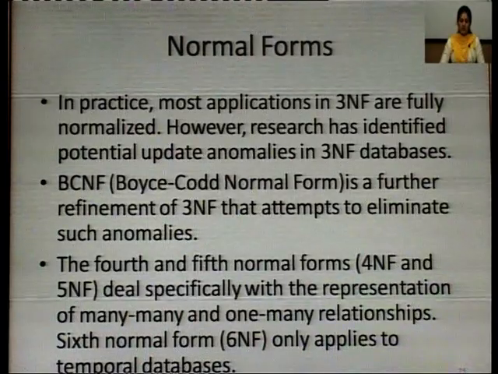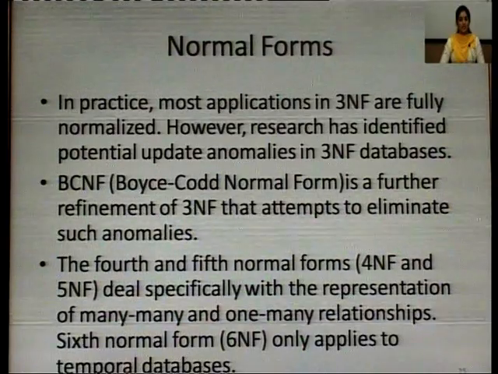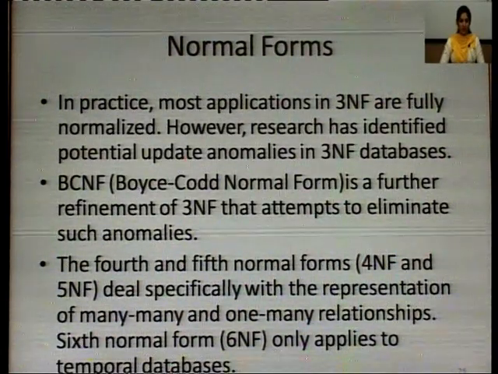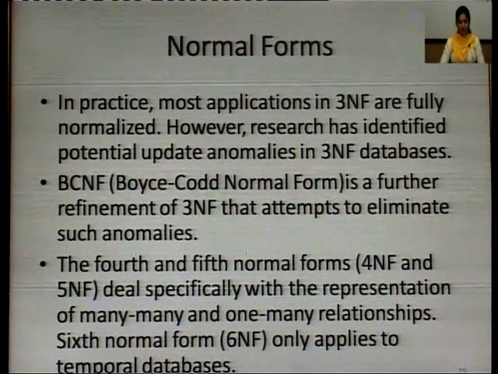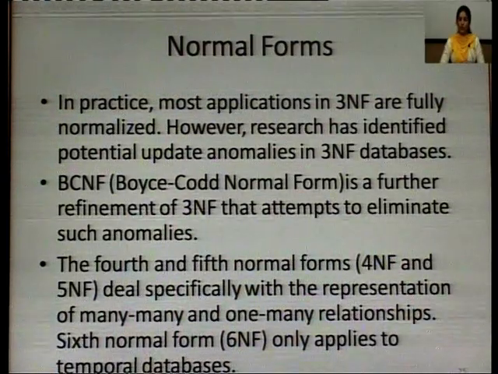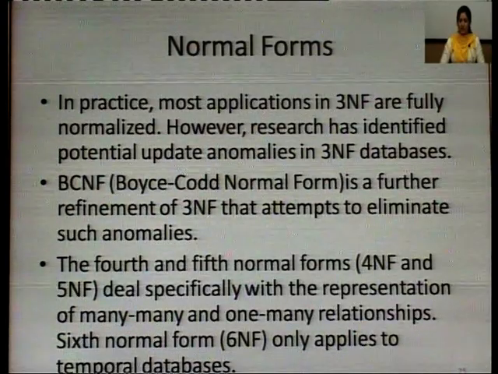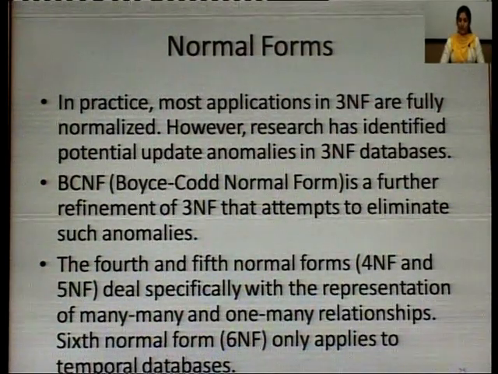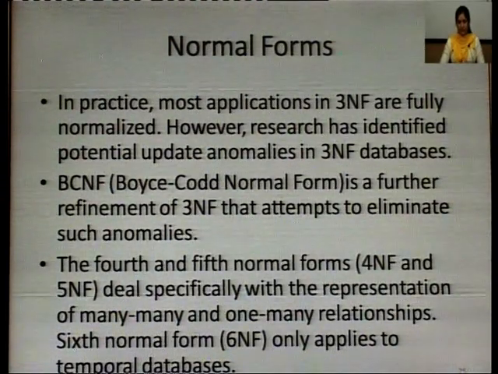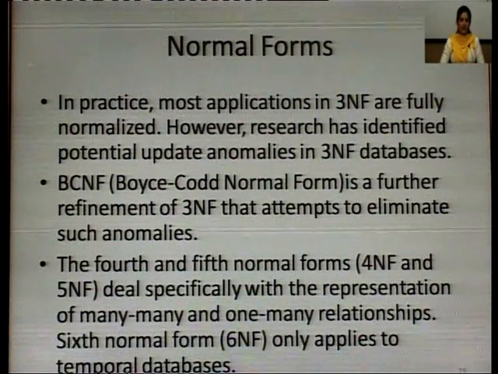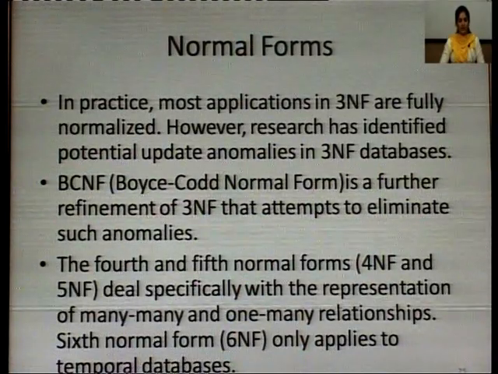The research says that even after reaching third normal form, the database may have update anomalies, which are known as modification anomalies, which lead to inconsistency of the data stored in your database. The next form is a special normal form known as BCNF, which stands for Boyce-Codd Normal Form, a further refinement of 3NF that attempts to eliminate such anomalies.